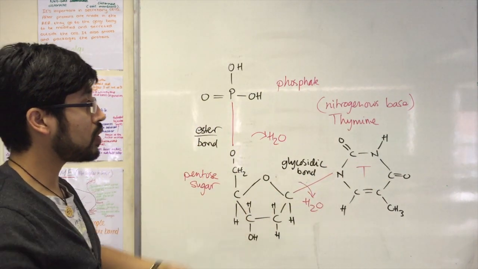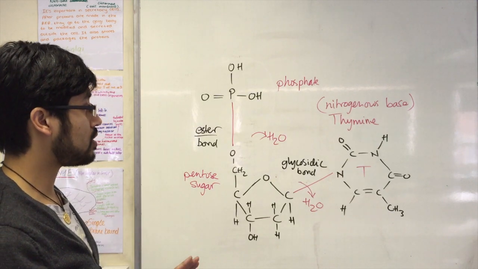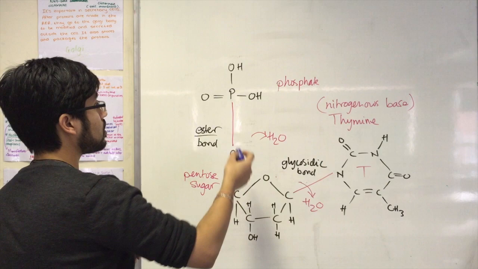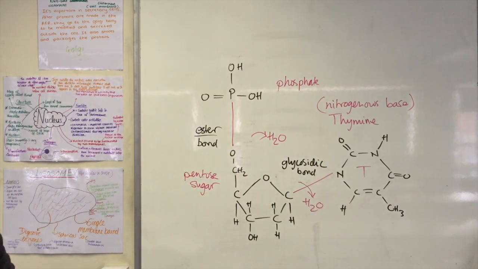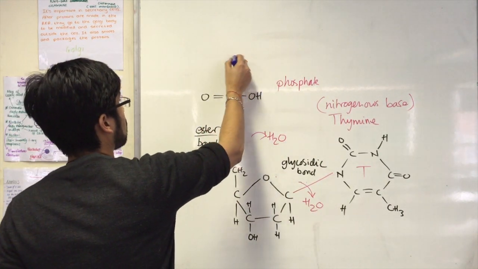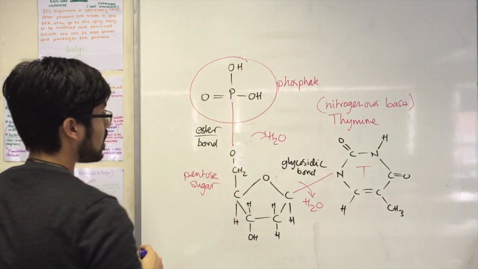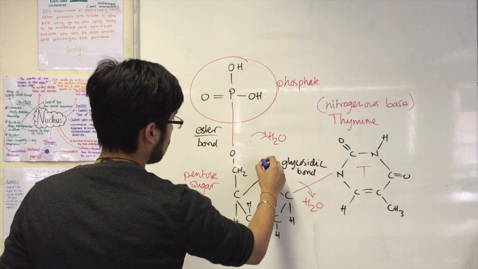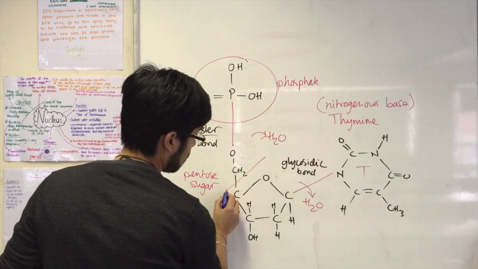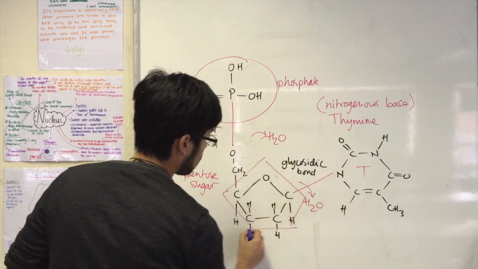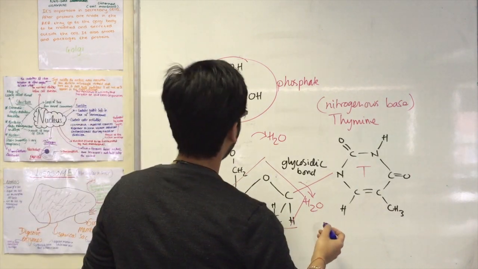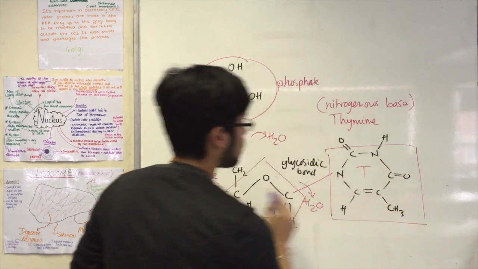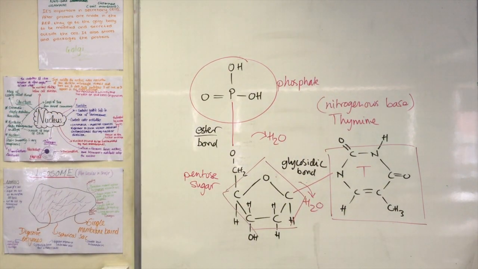In all the following discussion, I'm going to simplify this right down to a much simpler organization, just to keep us sane. I'll denote the phosphate group with a circle, a pentagonal shape for the pentose, and I'll draw the base with a square shape.